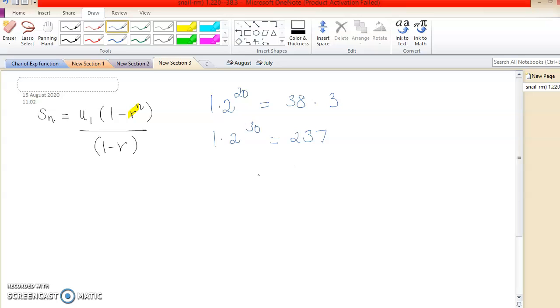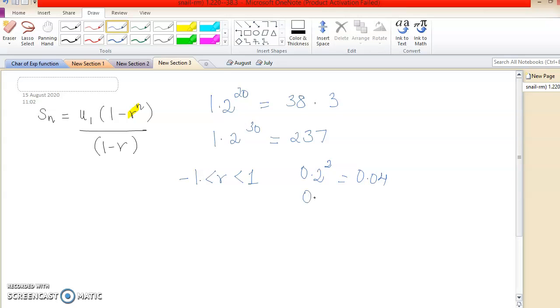But let's say I am talking about values of r between -1 and 1. For example, if I take the value as 0.2, 0.2 to the power of 2 is going to be 0.04.